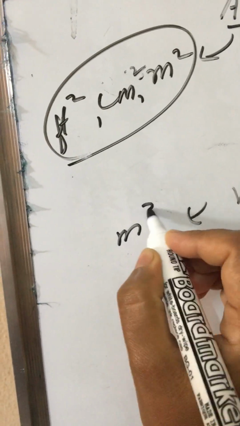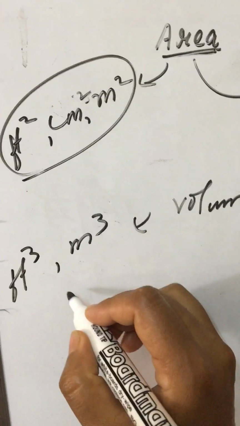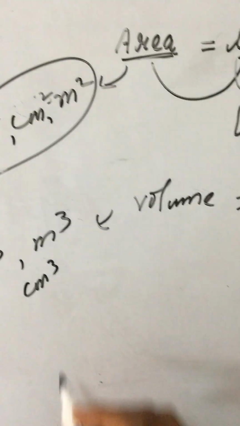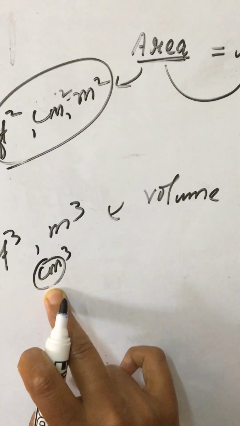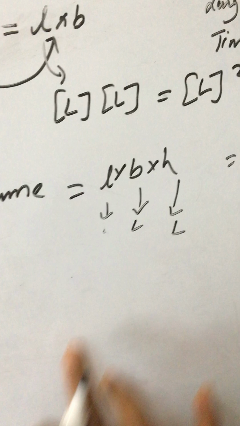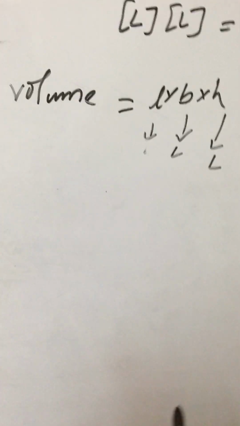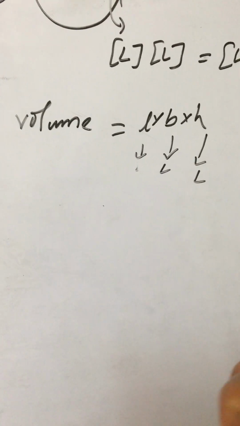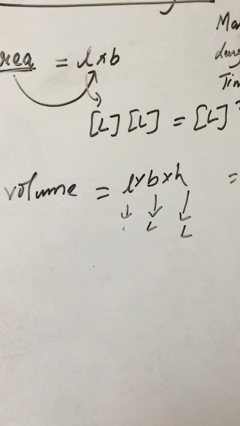It is meter cube, feet cube, centimeter cube, right? So length is involved 3 times. The fundamental involvement we can know from that analysis, that is the dimensional analysis.